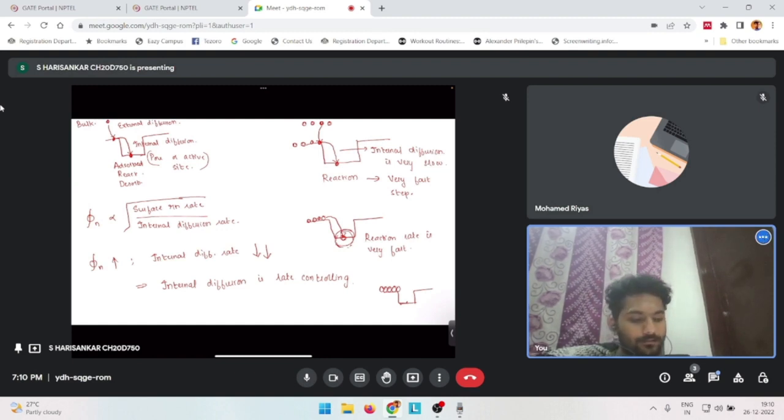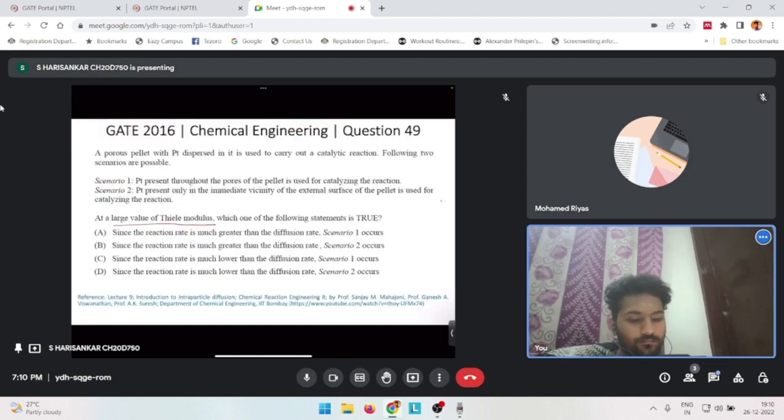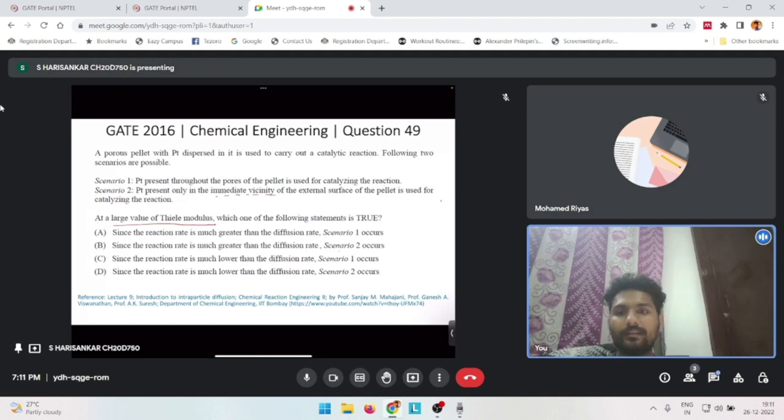So this is basically equivalent to your scenario 2, where the platinum is present only in the immediate vicinity. This immediate vicinity is basically the catalyst surface just outside the active site.